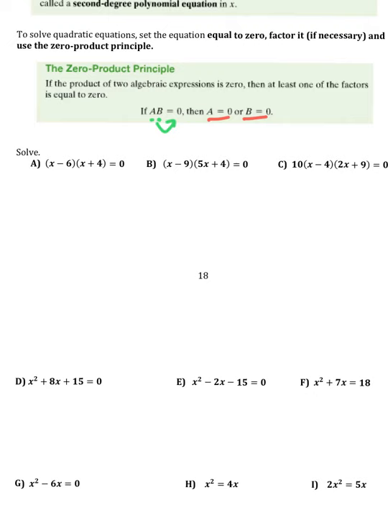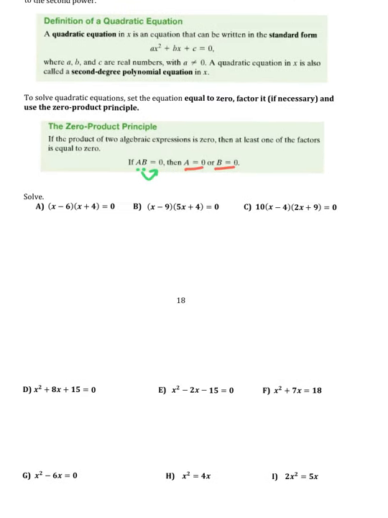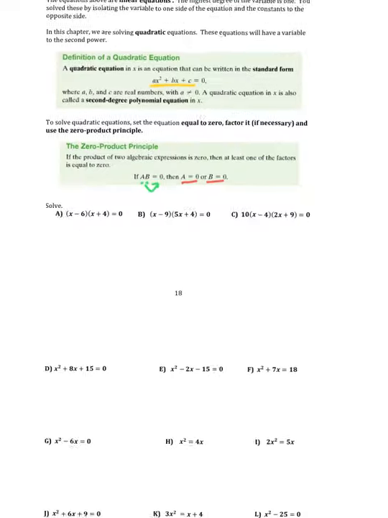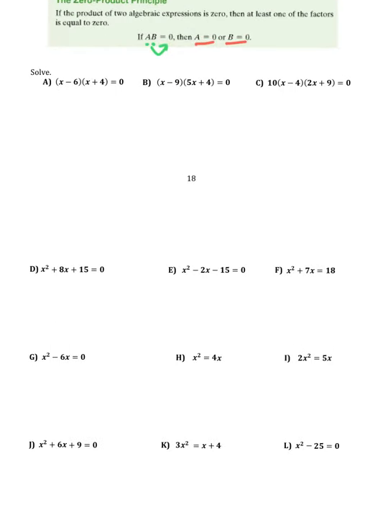When I say quadratics, we are referring to anything that has an x squared term as its highest power. So when we look at problems like A, if I FOILed that, the very first term would be x squared, so we know this is quadratic. Now, we can use the zero product property here.